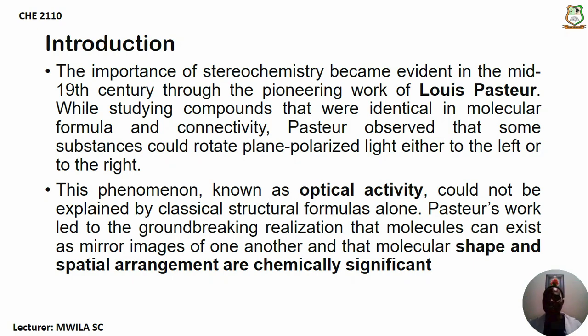As he did experiments, Louis observed that some of these substances could rotate plane polarized light either to the left or to the right. This phenomenon of rotating plane polarized light by molecules either to the left or to the right, we call optical activity.